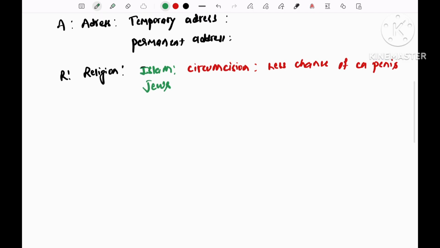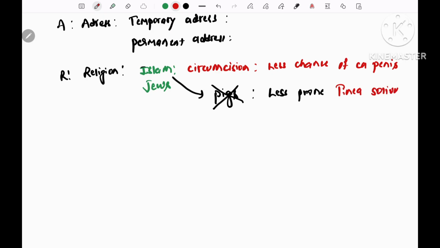In Islam, there is also a practice where the pig is not used as meat. In Islam, pigs are not allowed, due to which they are less prone to guess what? They are less prone to Taenia solium, that is the tapeworm.